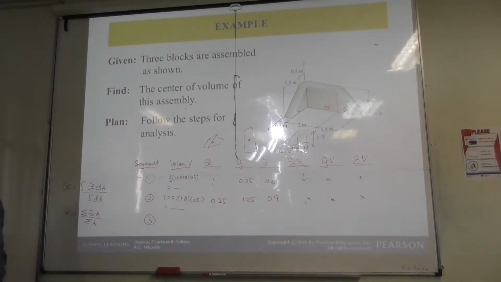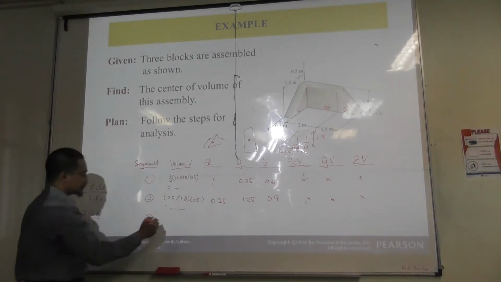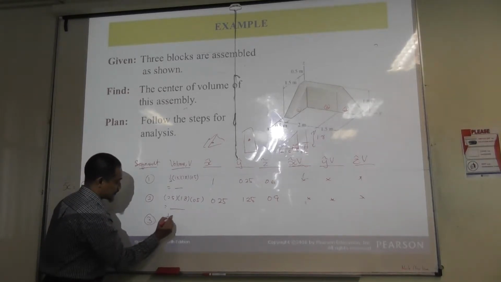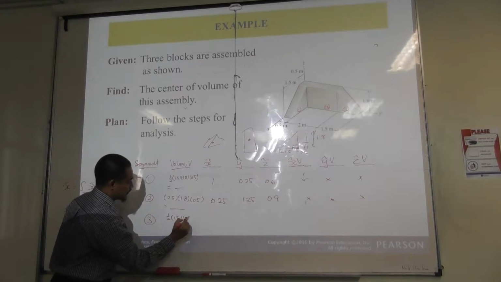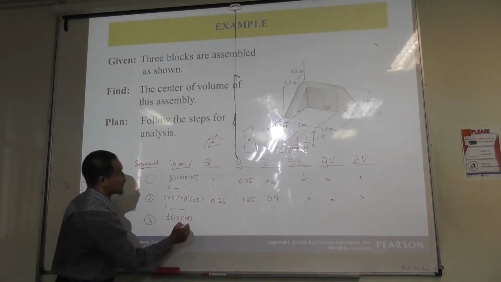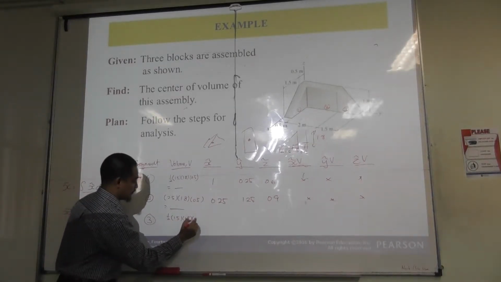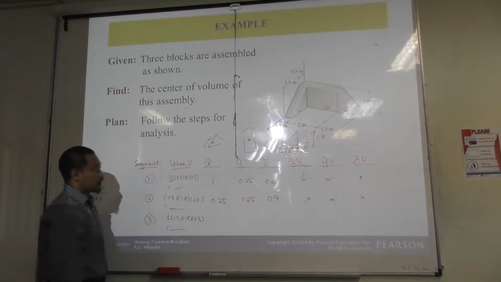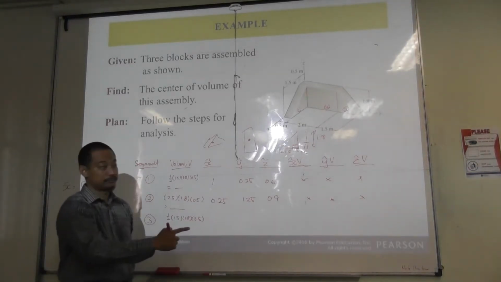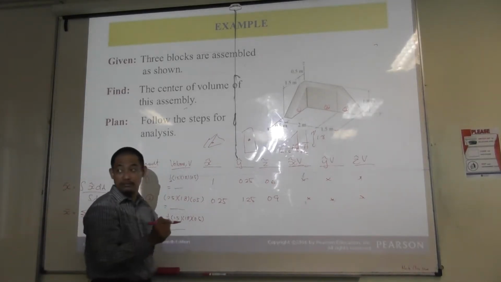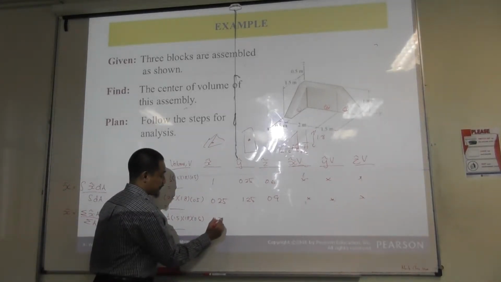Block number 3, the triangle over the end there. So half times 1.5, 1.8. The thickness is 0.5. X coordinate: 0.25.